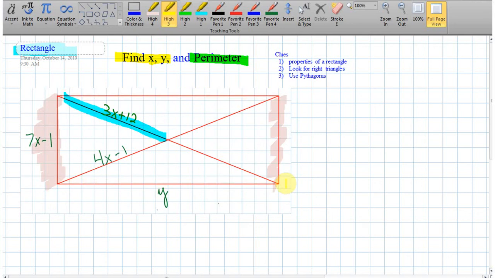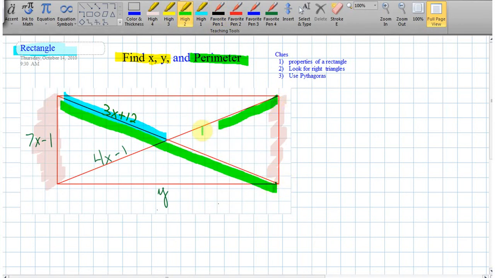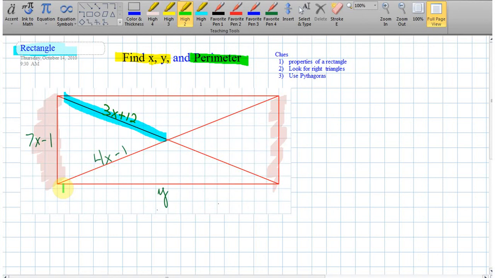It does turn out in a rectangle that the entire length of the diagonal is equal to the length of the other diagonal. That's one of the properties of a rectangle. And we also know, since every rectangle is also a parallelogram, that the diagonals bisect each other. So if the diagonals bisect each other and they're congruent, then all 4 of these segments in here are congruent.